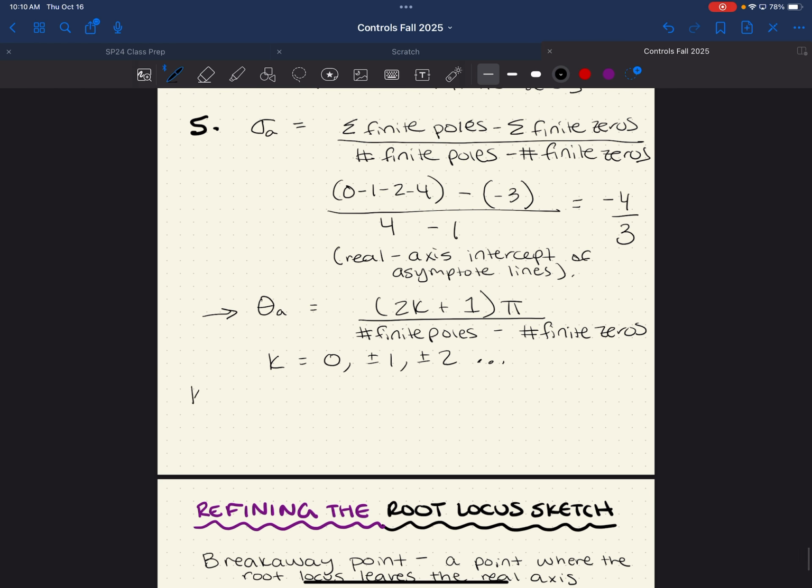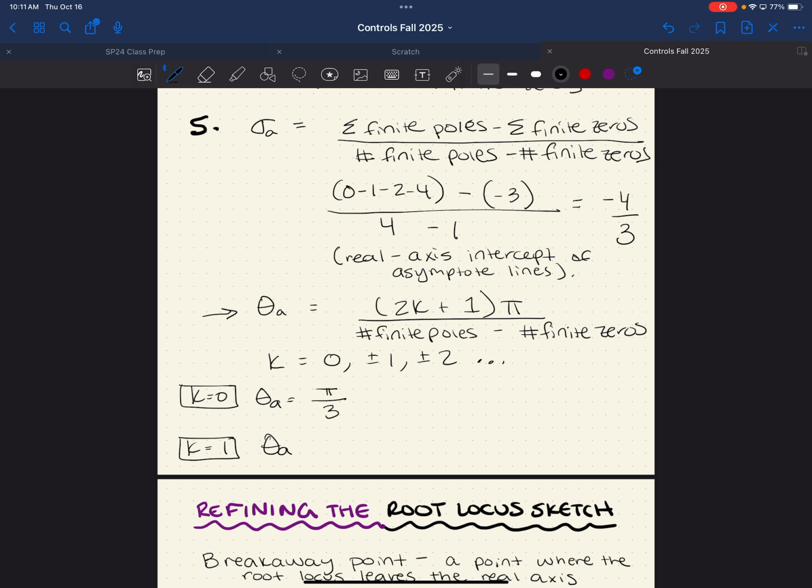If we plug in k equals 0, what do we get for theta A? We'll have just 1 times pi in the numerator over 4 minus 1, which is 3. This is in radians. Now let's plug in k equal to 1.